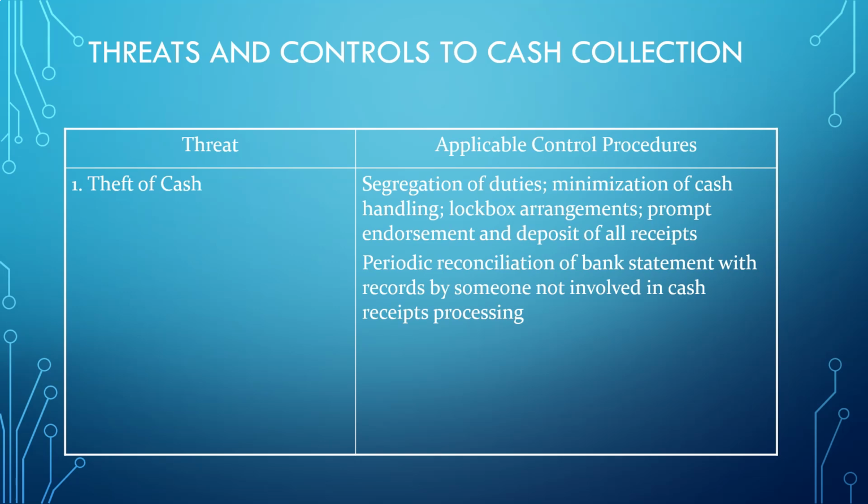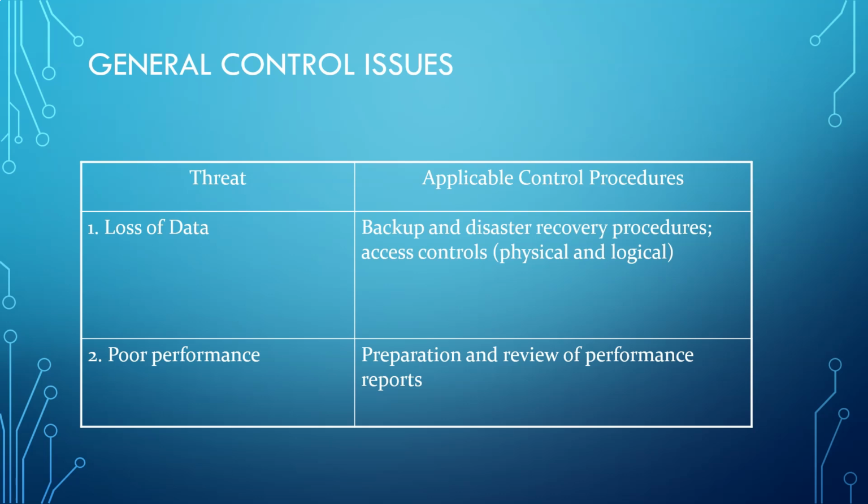The theft of cash is a common practice that can be controlled by minimizing the cash on hand, segregating duties, lockbox arrangements, and encouraging depositing the cash as fast as possible. The bank statement will be checked and compared to records by someone not involved in cash receipts processing.